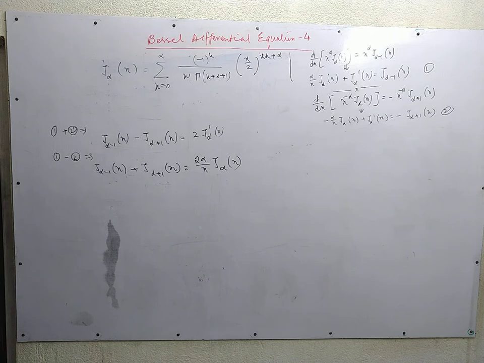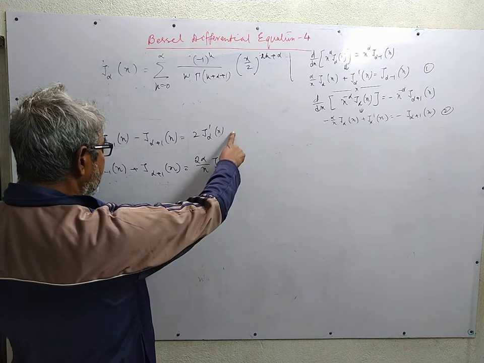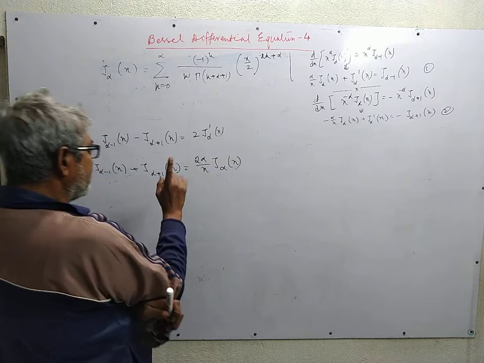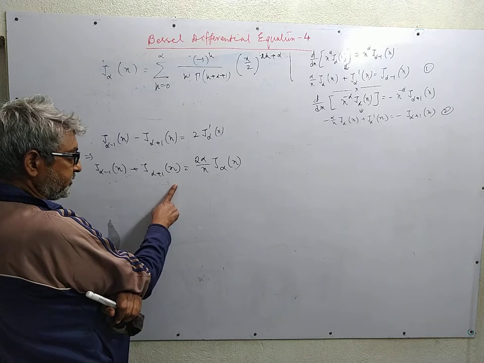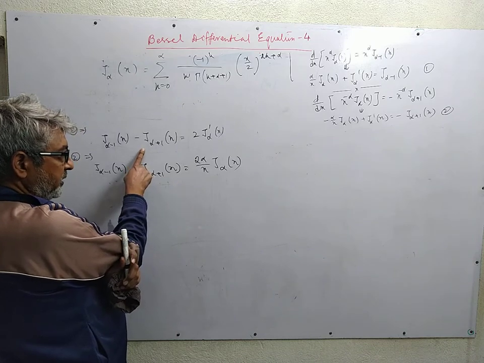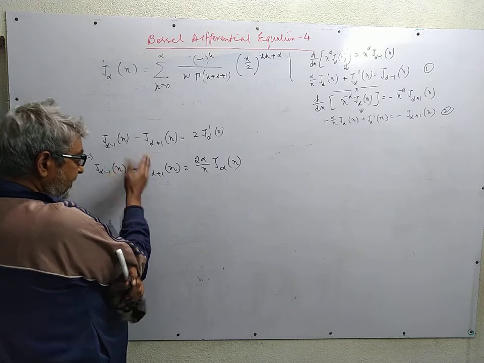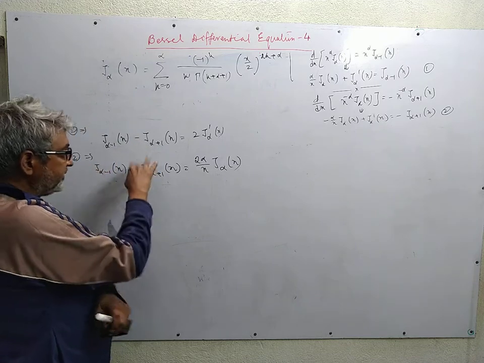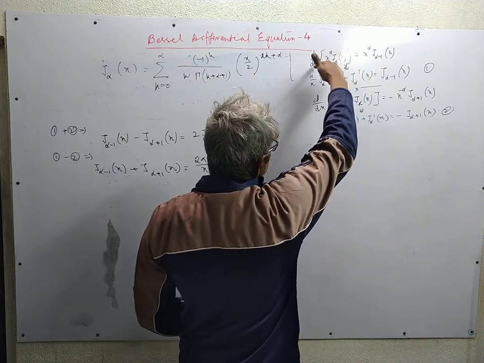Earlier we obtained this result for a Bessel function of integral order. So starting with the generating function, we first obtained this relation and then this relation. This relation was obtained by differentiating the generating function partially with respect to t, and this relation was obtained by differentiating the generating function partially with respect to x, and then we added this relation to get such relations.